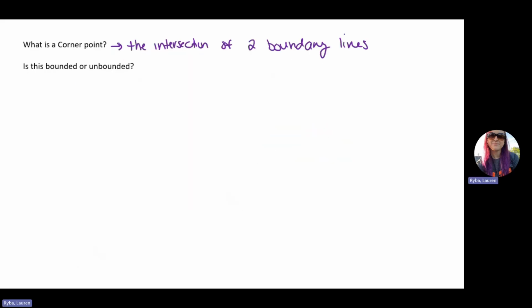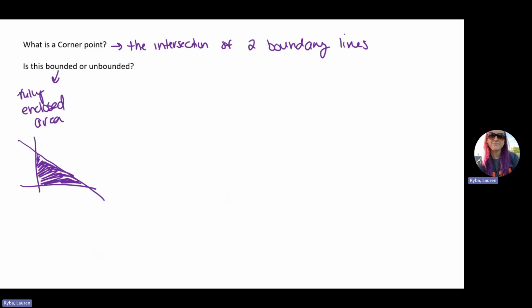Now, bounded means it's going to be a fully enclosed area. So this is what your quick quiz was at the end of last class. We had a line here, and the shading was contained between the line and the two axes.